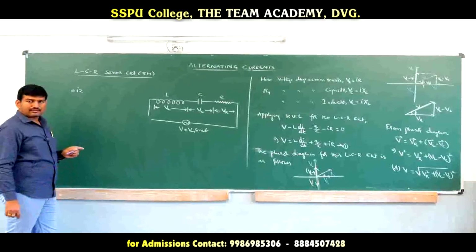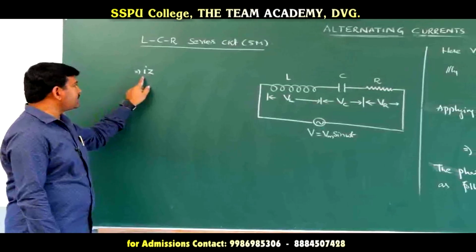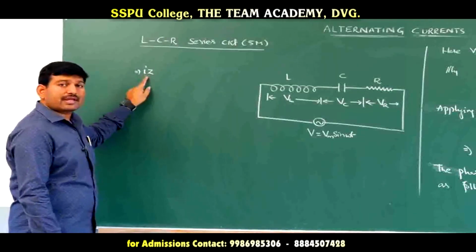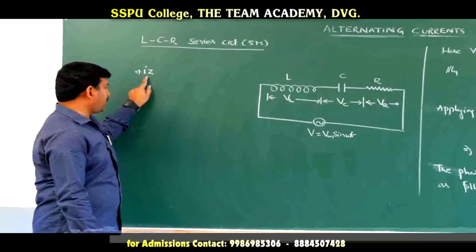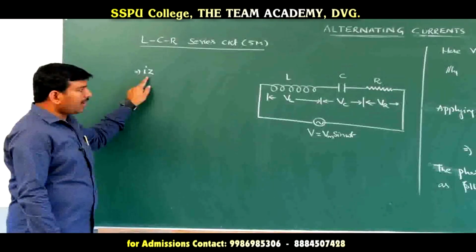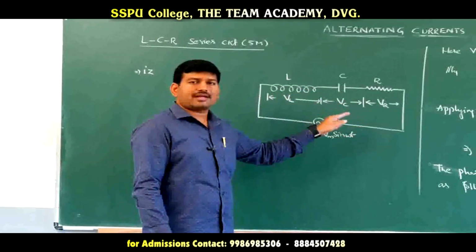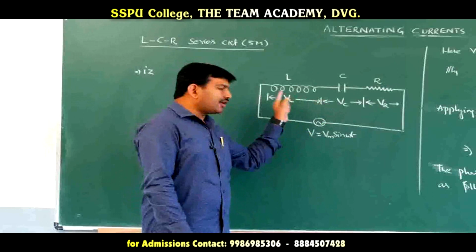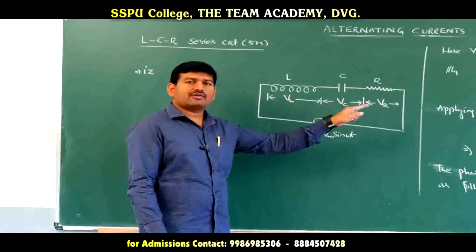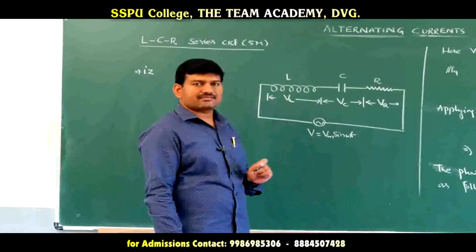Here V is to be replaced with I into Z. Actually, V is equal to IR is the formula that we know according to Ohm's law, where R represents the resistance of the circuit. But here the resistance of the circuit in AC cases is called reactance. The total reactance offered to the AC current is said to be the impedance of the circuit.